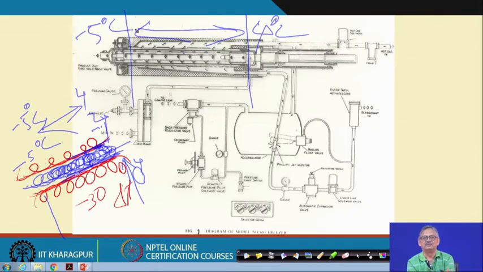Now, what is happening after that? This ice cream, which is flowable at minus 5 degrees centigrade, is held in containers like cups, maybe 50 ml or 100 ml bigger cups.